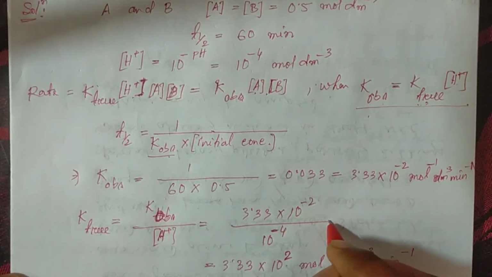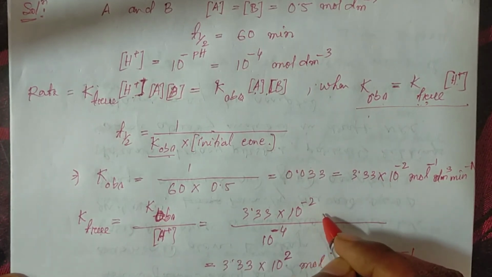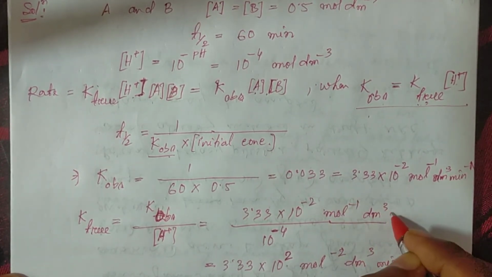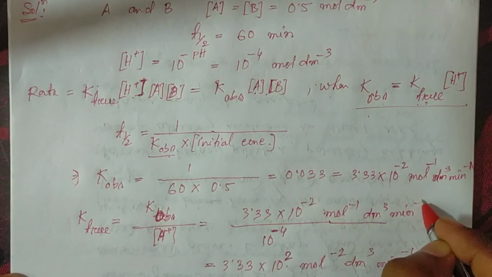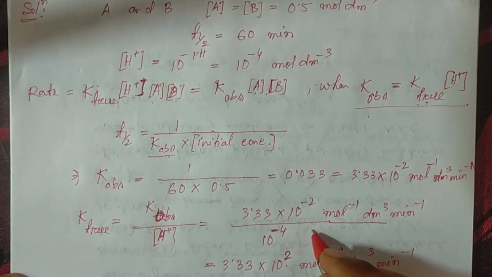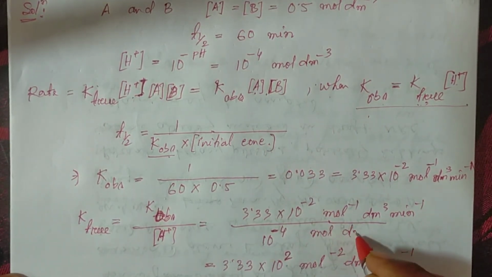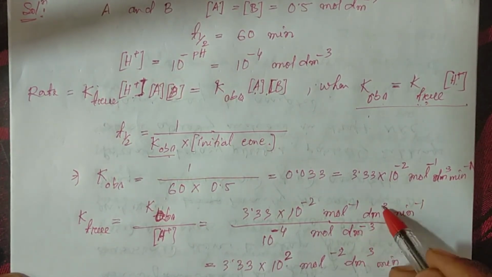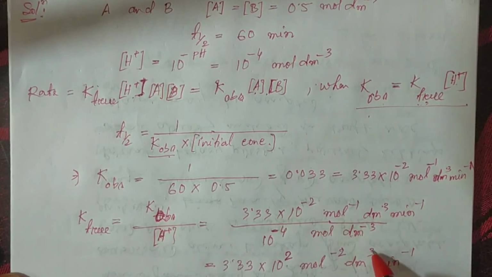Sorry, there is a mistake here. If you see, the unit of K observed is mole inverse dm cube minute inverse, and here the acid concentration is mole dm cube inverse. So it will come here, so the unit will be mole square inverse dm to the power 6, and minute inverse.